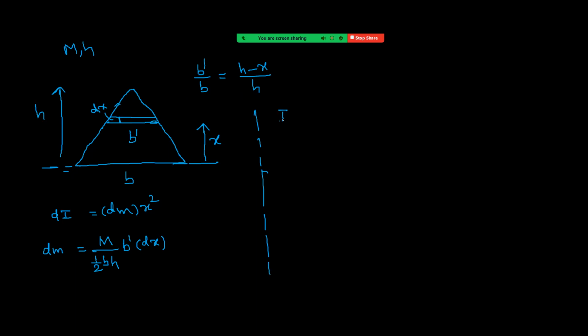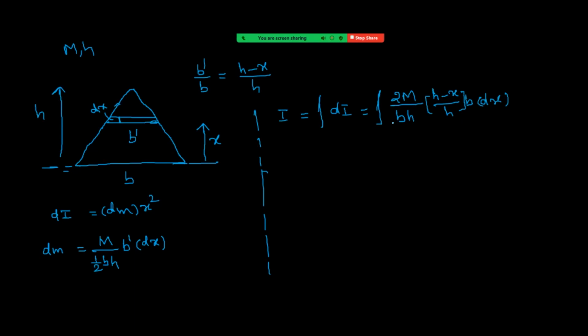I equal to the integral of dI, integration of, in the place of dm, see what we are writing here: 2m by bh in the place of b dash, h minus x by h into b, into dx.